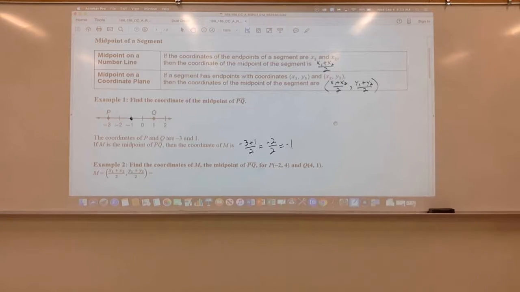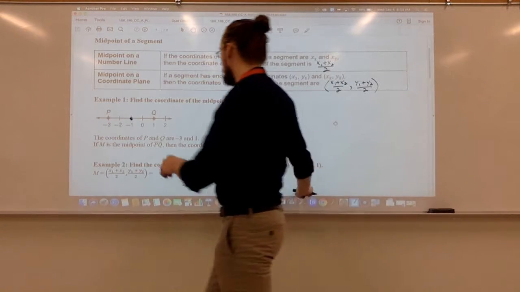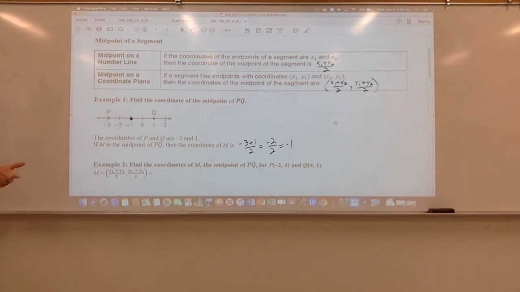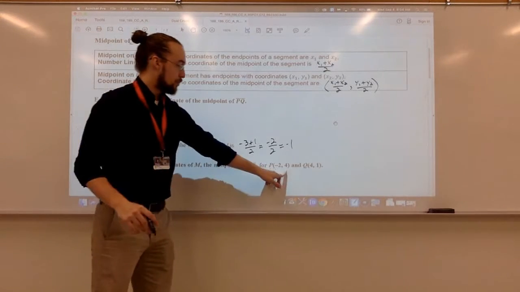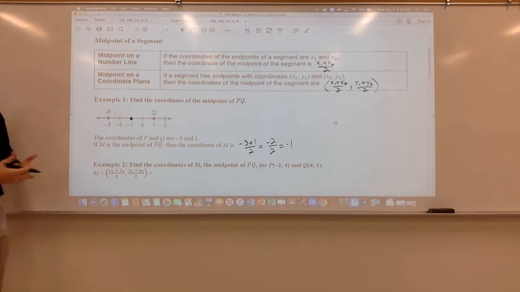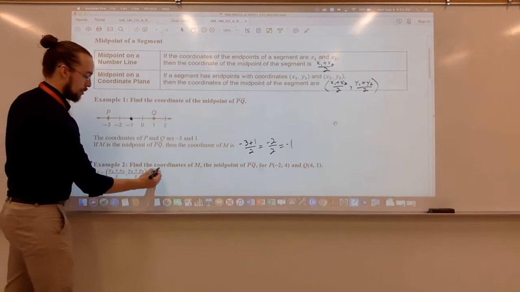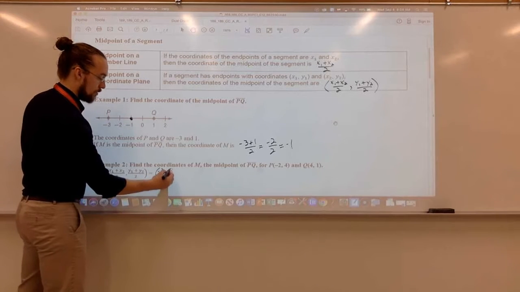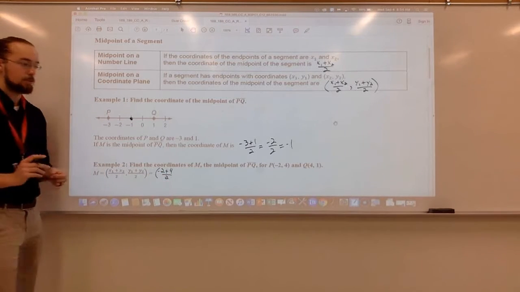Okay? So, in this example 2 down here, okay, we're finding the midpoint of -2, 4 and 4, 1. So, I'm just going to add my x coordinates together. So, -2 and 4. Divide that by 2.